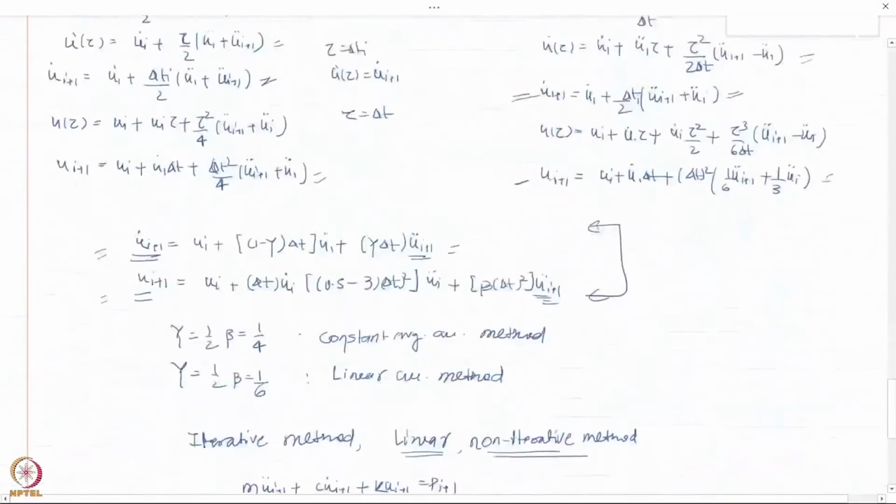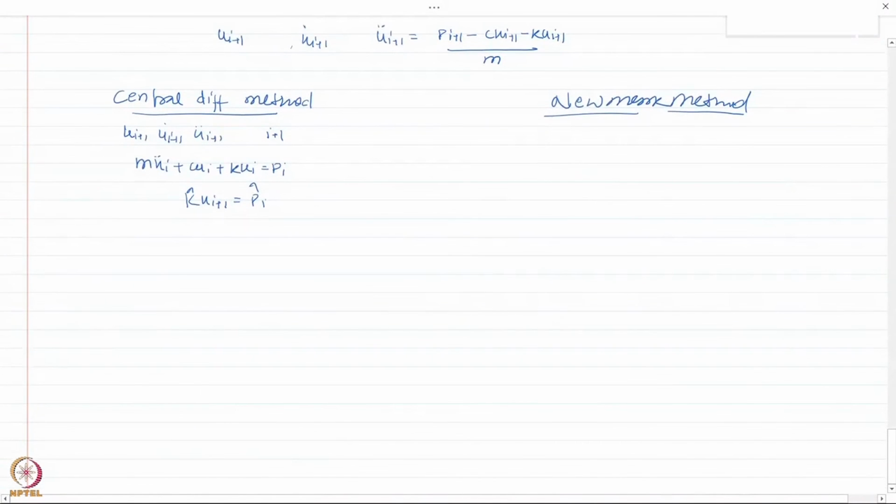These kind of methods where the state of the system is actually obtained wholly from the previous steps are called explicit methods because it is explicitly determined from the previous steps, and the equilibrium at the current step is not utilized.